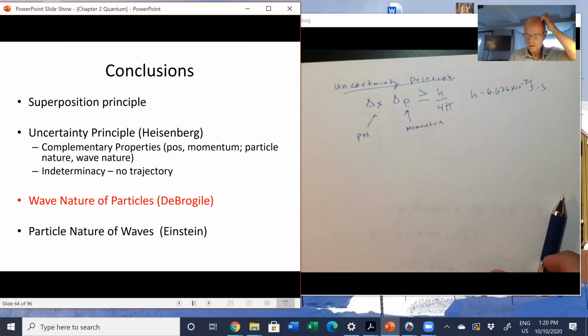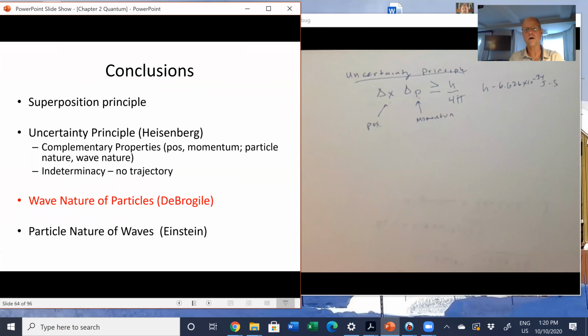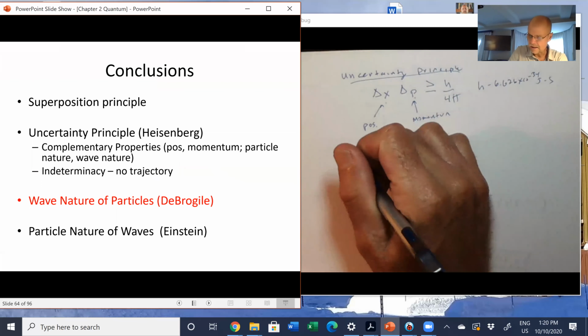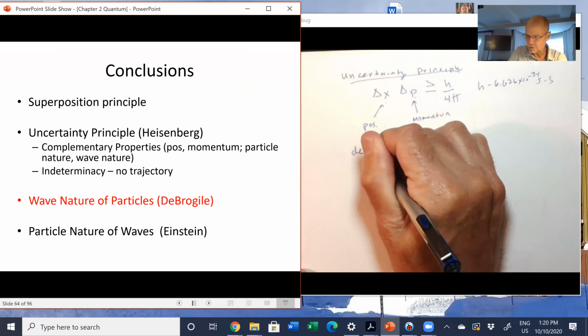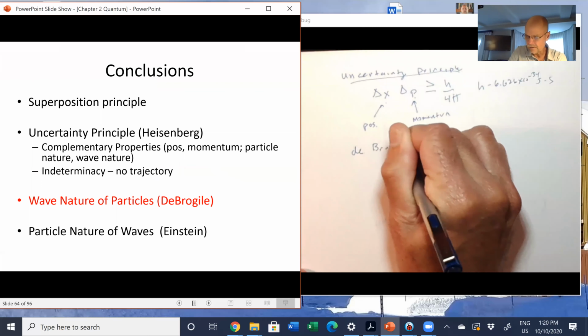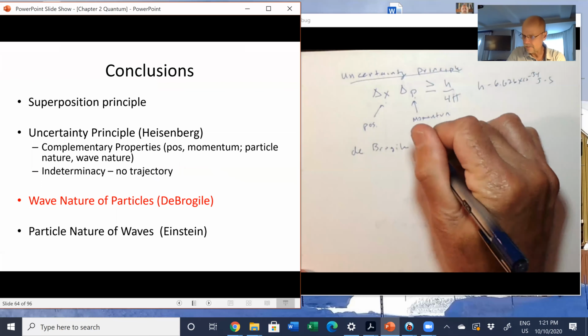Okay. Wave nature of particles. Particles like electrons have this wave nature. We can see them diffract and we can see them interfere. They have a wavelength that's associated with their velocity.